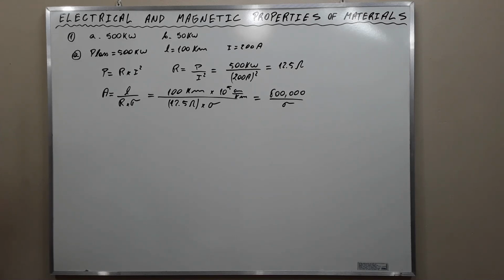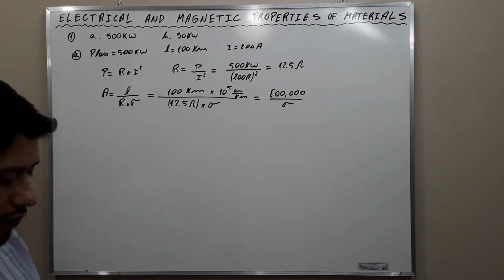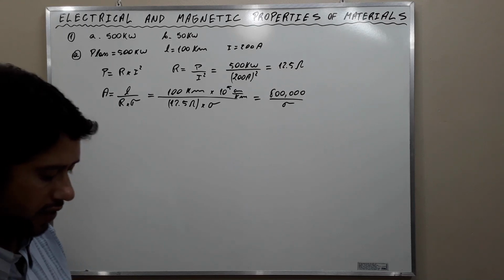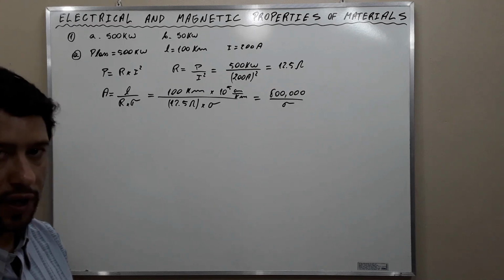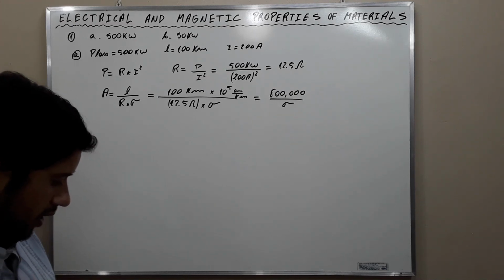If we refer to a table, we see that the conductivity of aluminum is 3.77 times 10 to the fifth Siemens per centimeter. The conductivity of copper is 5.98 times 10 to the fifth Siemens per centimeter, and the conductivity of silver is 6.8 times 10 to the fifth Siemens per centimeter.